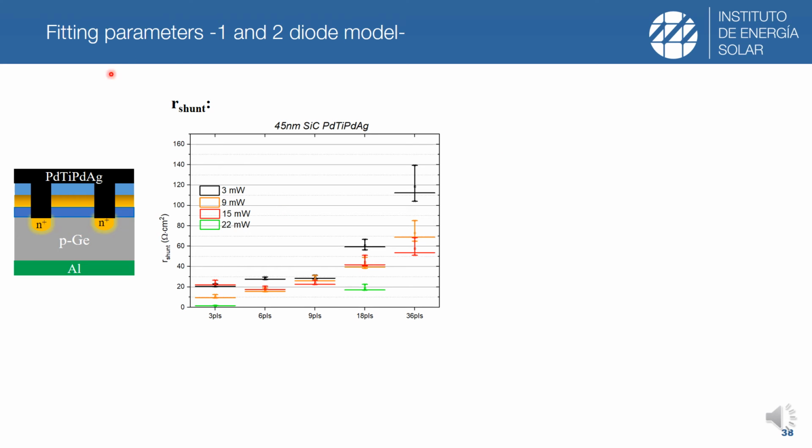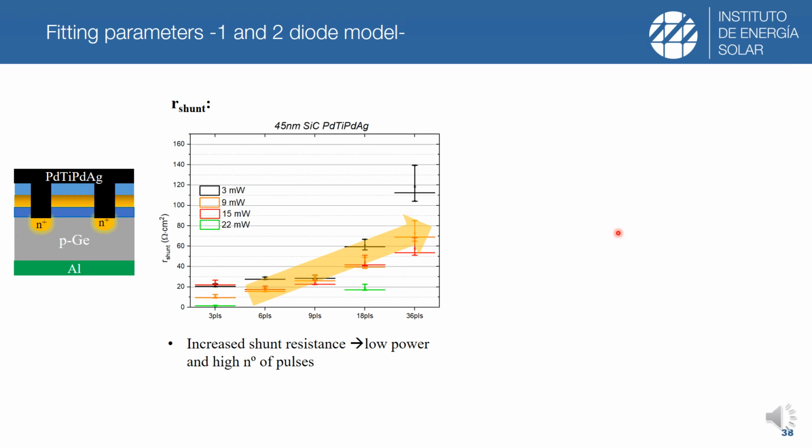So as you see here, for the shunt resistance, which is a parameter which accounts for alternative paths for the carriers instead of being injected in the PIN junction, we have observed that increasing the number of pulses improves the shunt resistance, and also the best laser power conditions are the black line, which are the lowest laser power conditions.